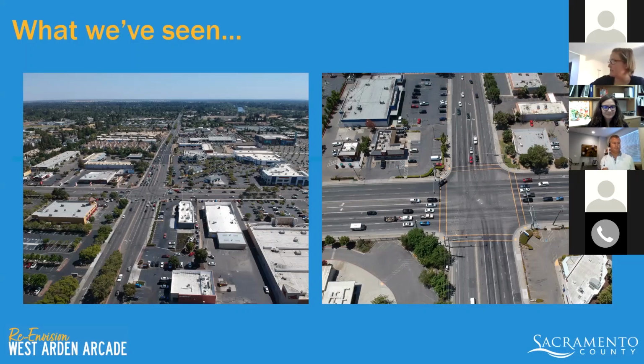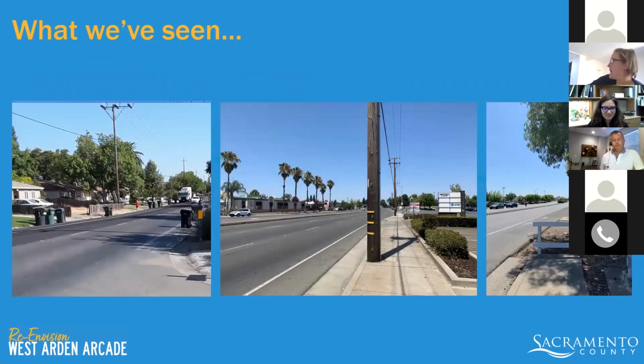These particular intersections that we're looking at are Arden Way and Howe and Arden Way at Watt. So those are the two intersections that we're looking at. And this slide shows three different types of difficult walking experiences. From streets without sidewalks where people have to walk in the street near garbage receptacles on the photograph on the left, pretty challenging to navigate, especially as trash pickup is happening.